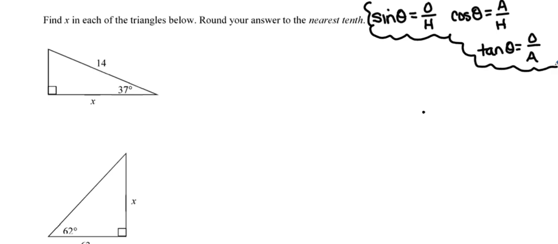a particular side. In looking at the first triangle that's been given, I've got this angle whose degree measure is 37. Recall that the side opposite the right angle is the hypotenuse. The side opposite the 37 degrees I'm going to label with an O, which means that x is the side adjacent to that angle.